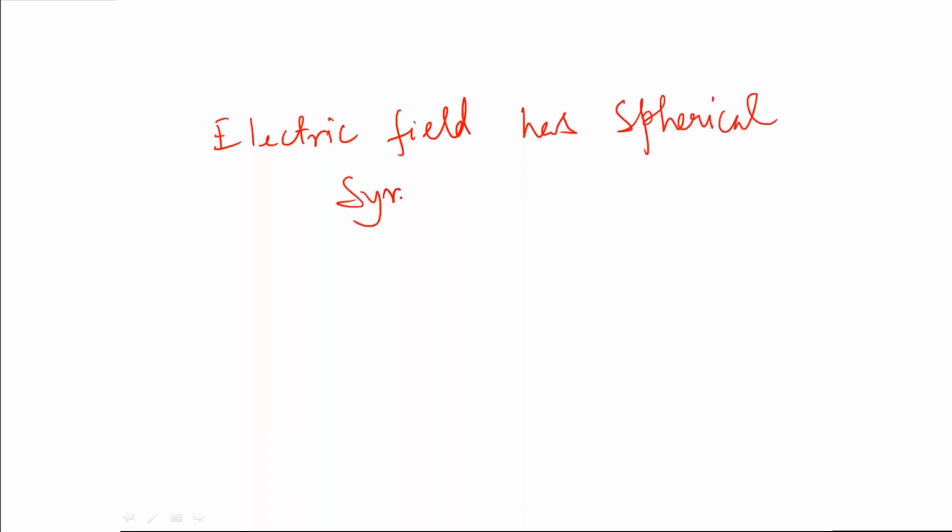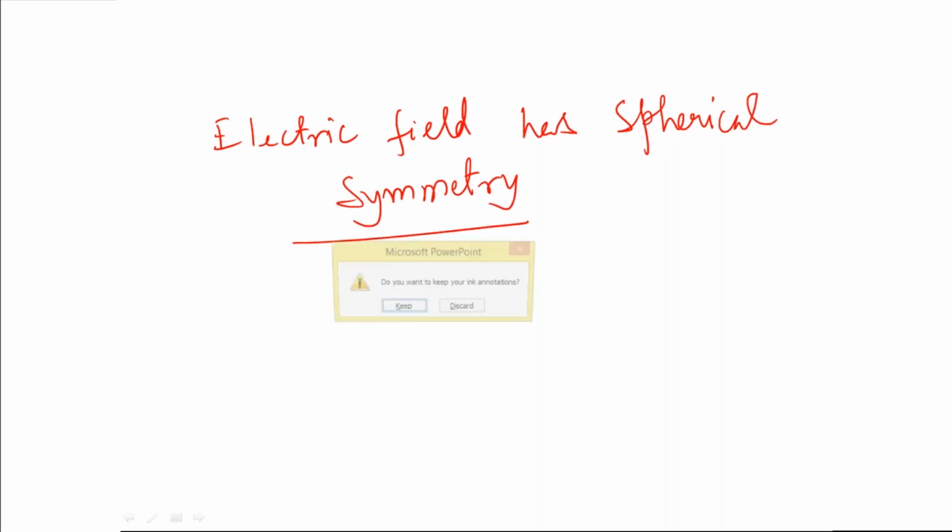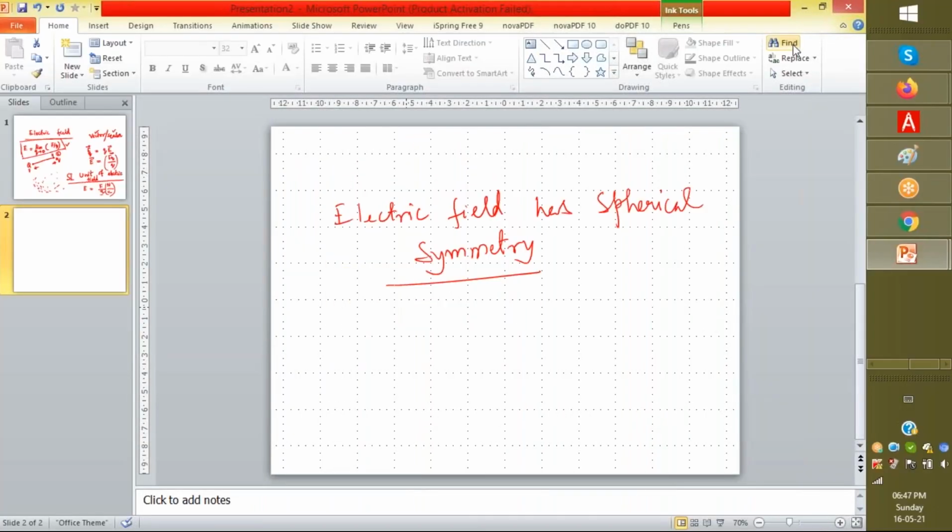So that is what it means. Electric field has spherical symmetry. Okay, now let us go to your book and see what else we have.